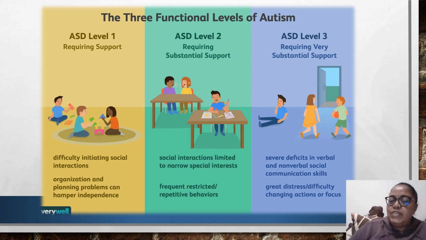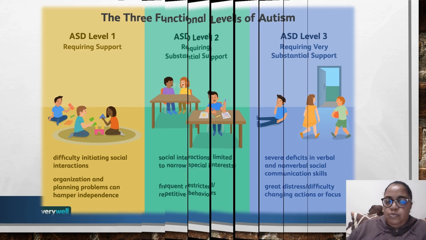Level 2 is geared towards assistance, where they have limited social skills. And level 3 is where they require major assistance, where they have severe deficits, verbally, behaviorally, holistically.